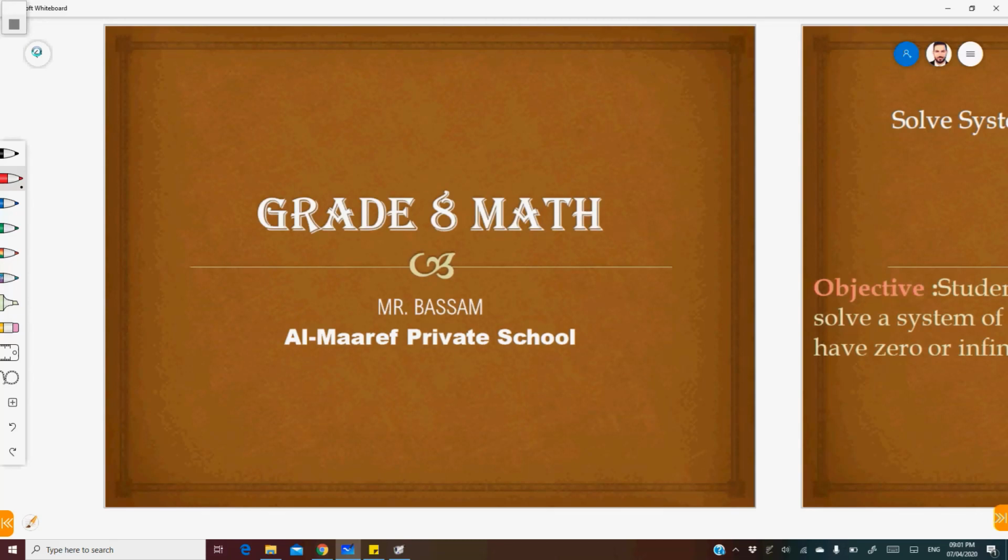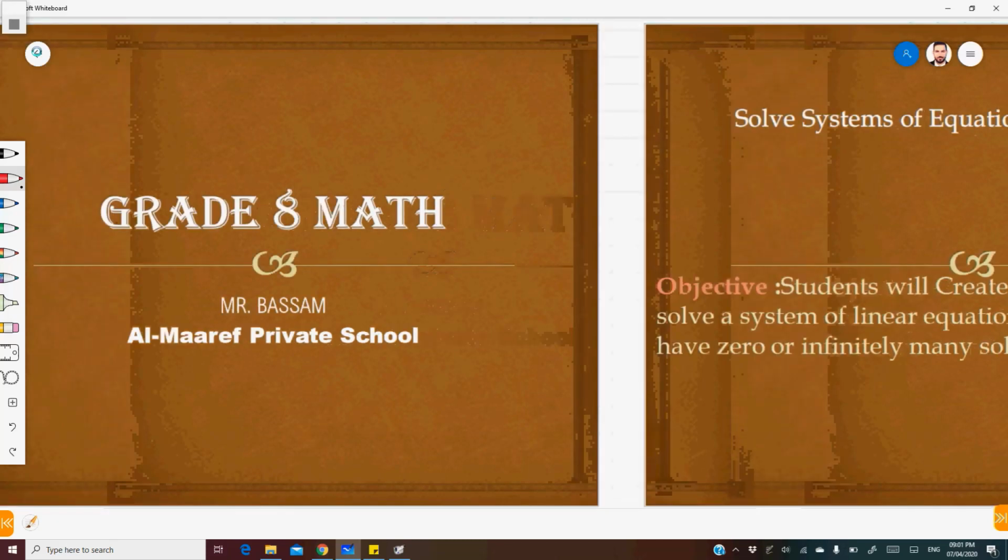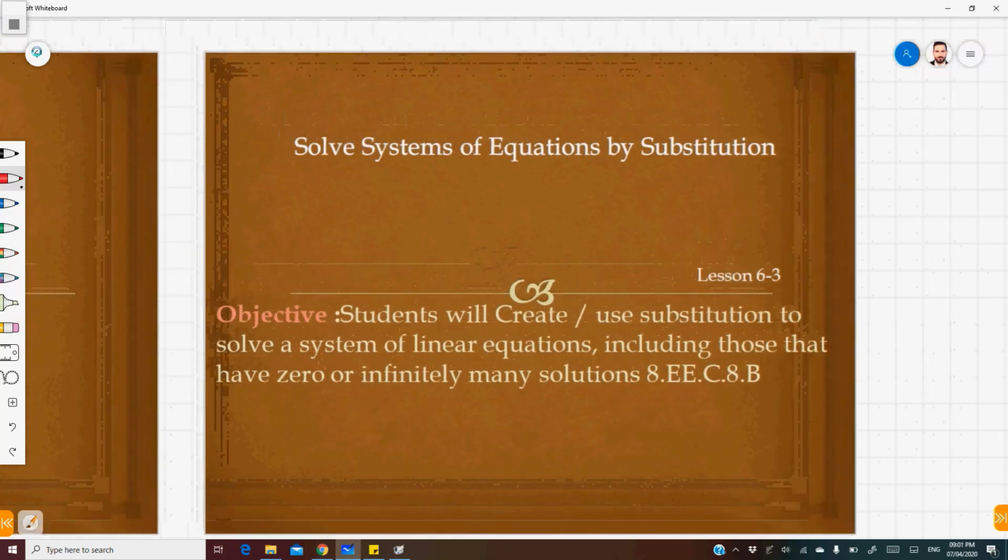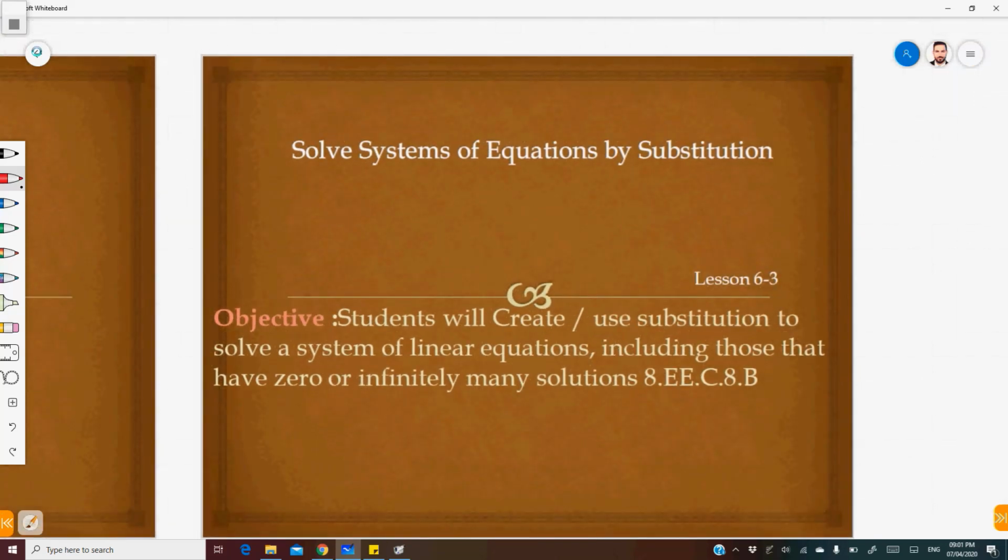Today is our lesson for grade 8 students: how to solve a system of equations by substitution. And I will let you know what the word substitution means. First of all, we have to take objectives. What is our objective today? What is our goal? To use substitution to solve a system of linear equations, including those having zero or infinitely many solutions.